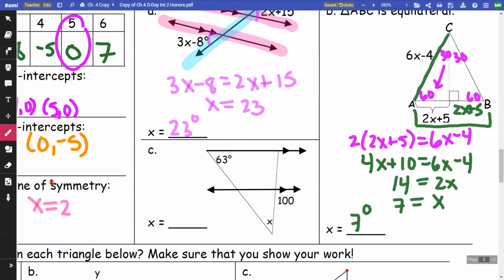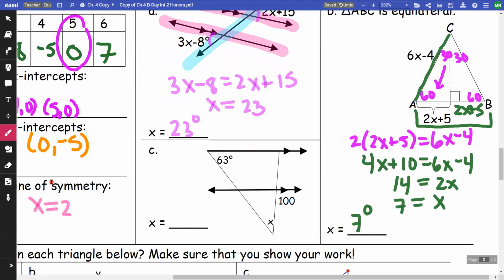On letter C, again, I have parallel lines. And what I know, there's a couple of different ways I can think about this. I do know that if this is 63 here, that this is also going to be 63 here, because parallel lines mean that corresponding angles are congruent.